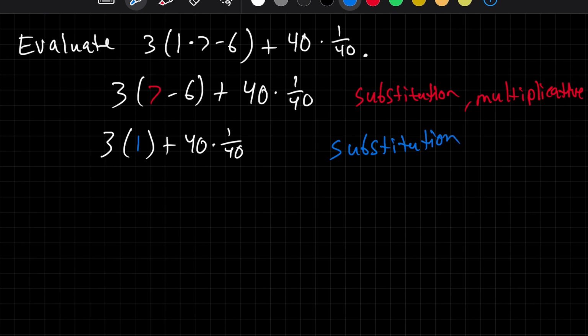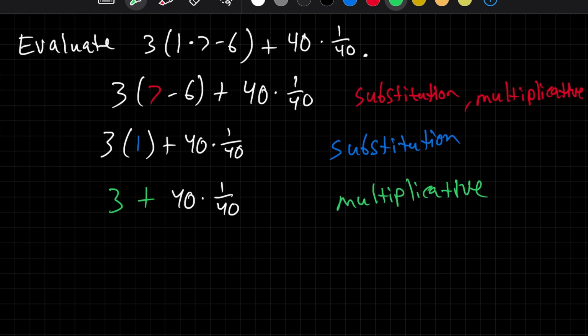This was the substitution property. All right, let's keep solving here. We got 3 plus 40 times 1 over 40. What rule did we do here? This was the multiplicative. Good job.